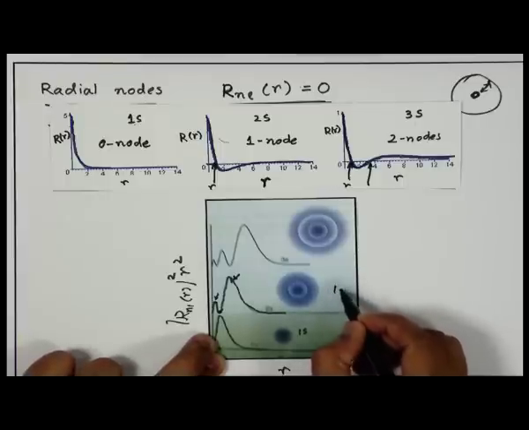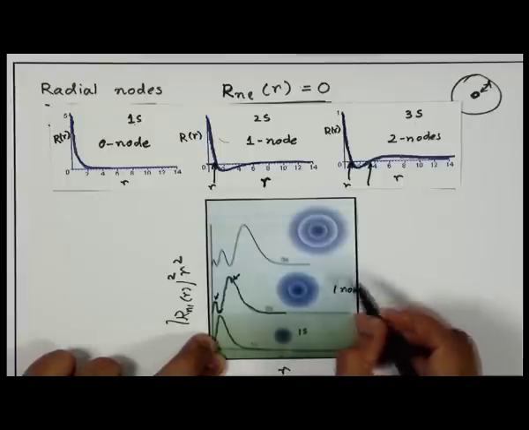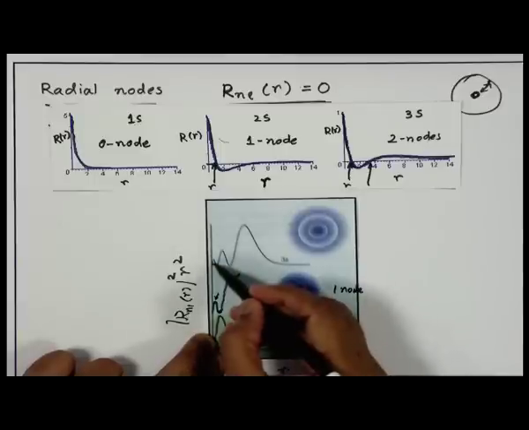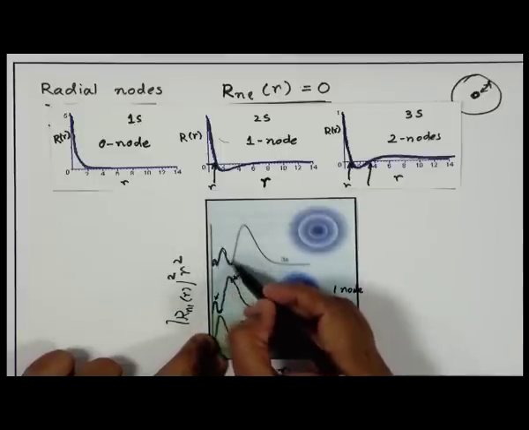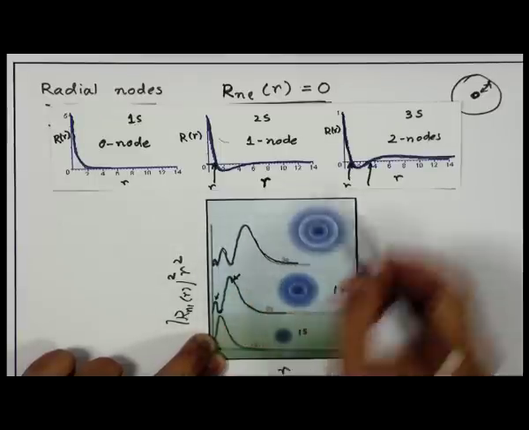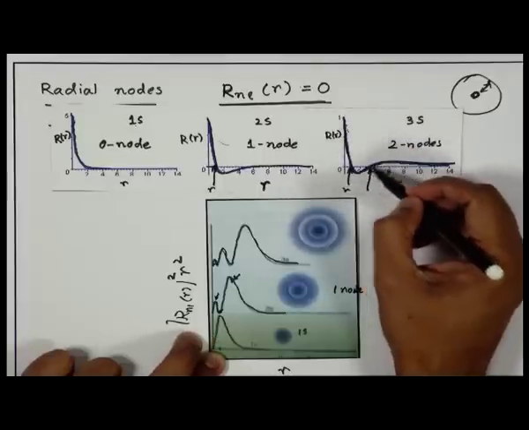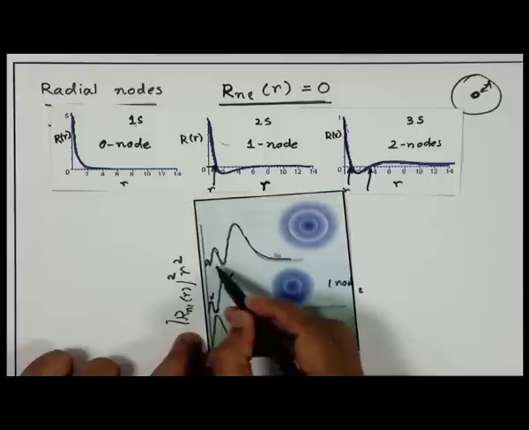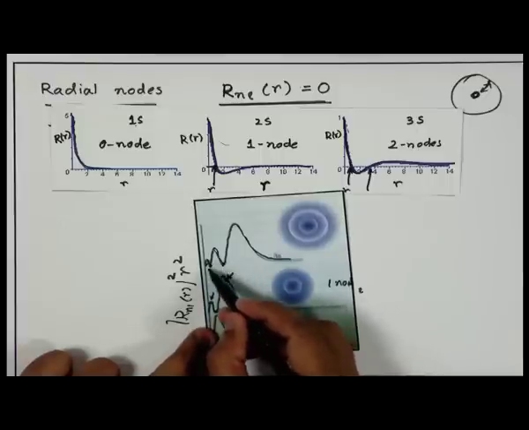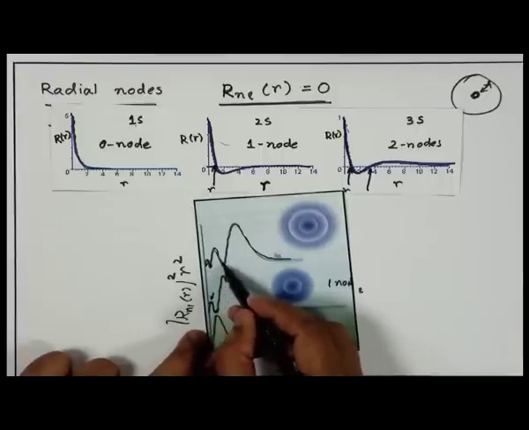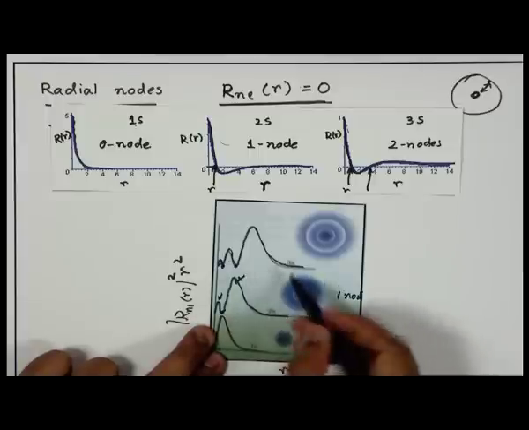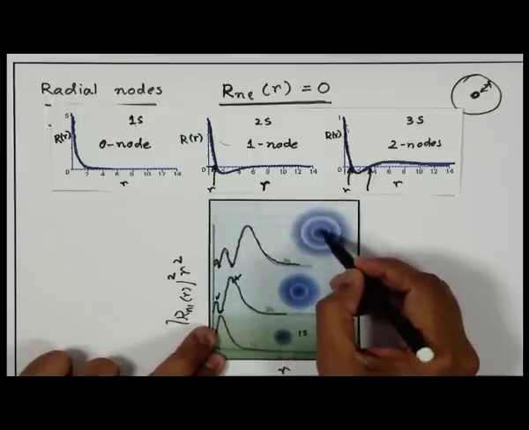So, you have got one node. When you look at the 3s, the radial distribution function has now 3 peaks. You can find this out, because there are two places where the wave function becomes 0, and therefore, there are two places where this probability density becomes 0. That means, there are nodes, and this is shown in this diagram this way.